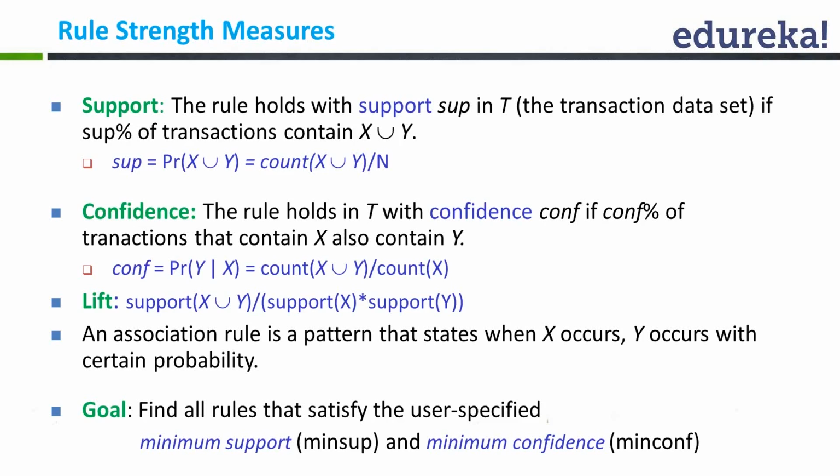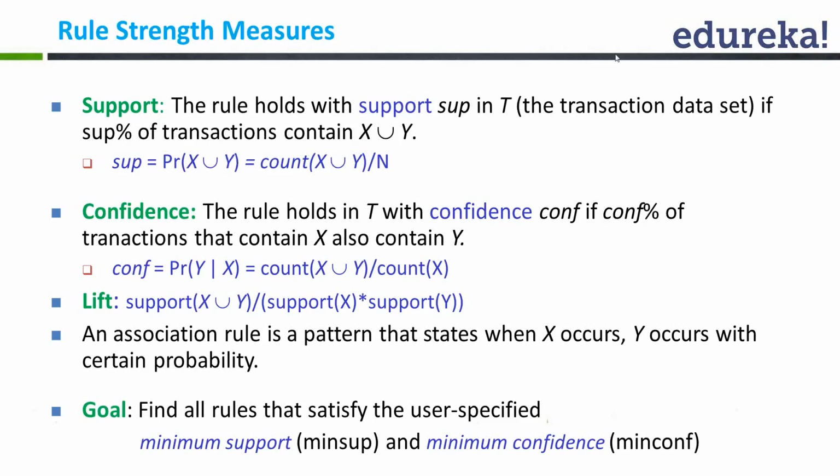If I'm saying bread implies iPhone, how many transactions support that rule, versus bread implies milk? Obviously, intuitively, the support for bread implies milk will be much more than bread implies iPhone, right? That's obvious.